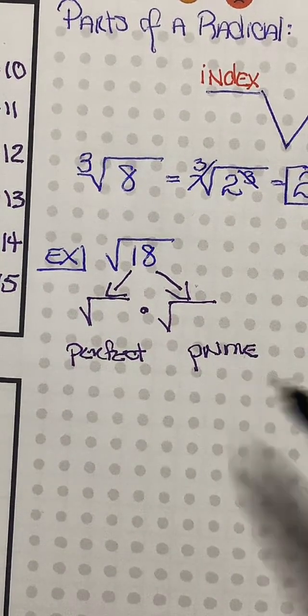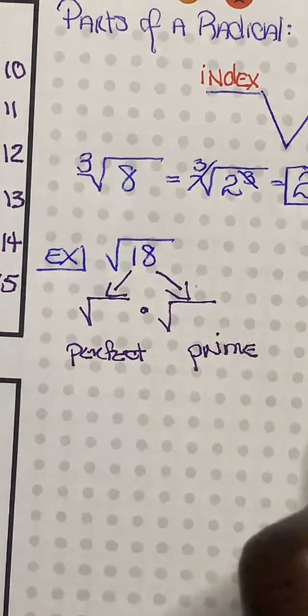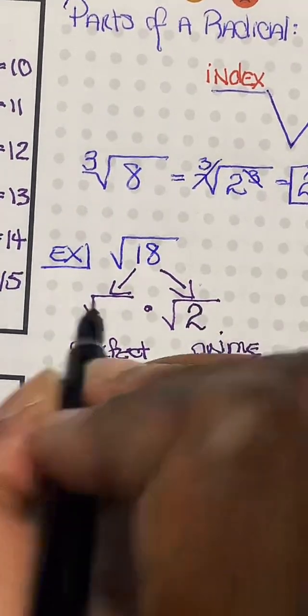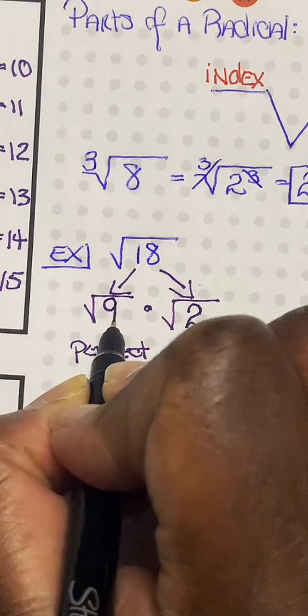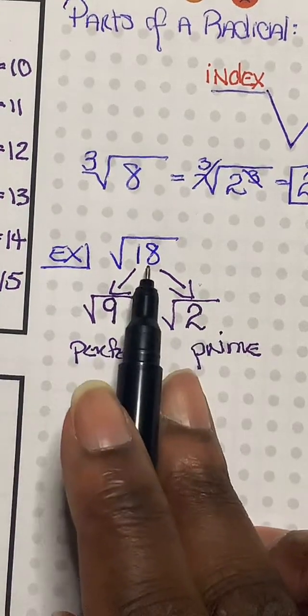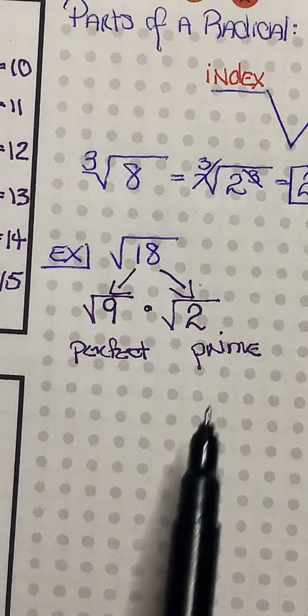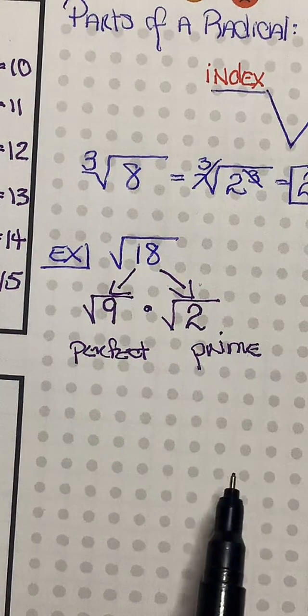So your first prime number is not 1. It's actually 2. And 9 times 2 does give me that 18. All right, so 9 times 2, that does give me that 18. So those are 2 factors, yes.